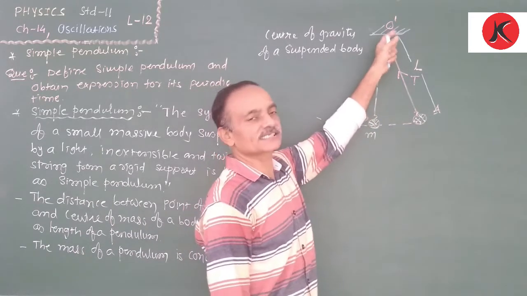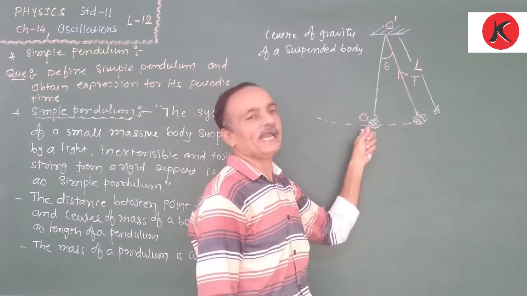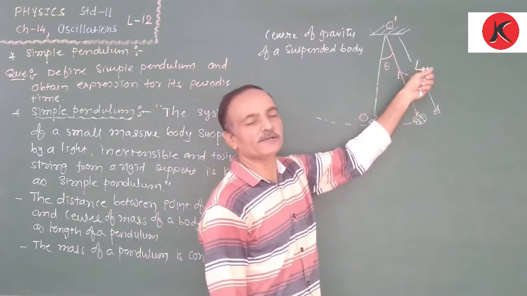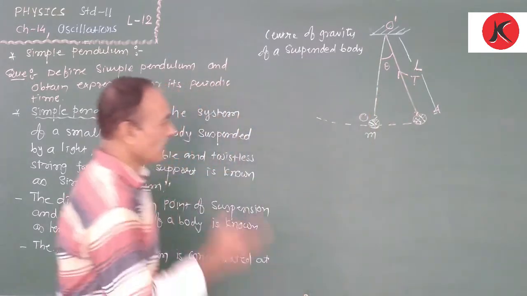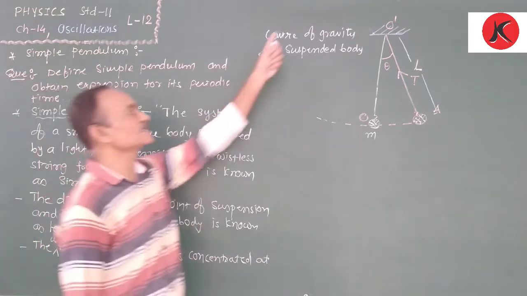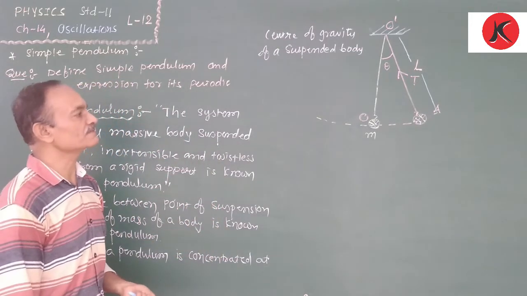The distance between the point of suspension, or the rigid support, and the center of mass of the body is known as the length of a pendulum L. The entire mass of a simple pendulum is concentrated at the center of gravity of the suspended body.